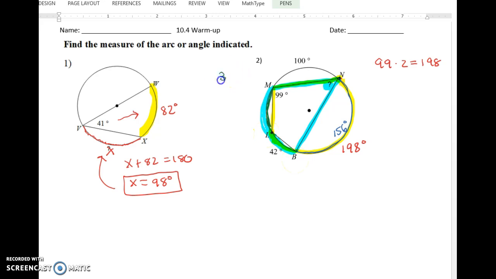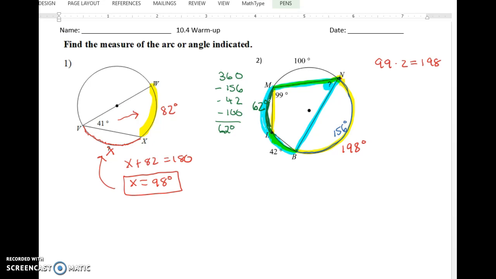I'm going to say 360 minus 156, not 158, minus 42 minus 100. Okay? And that's going to give me 62 degrees. So that means that right here is 62 degrees, just this arc here.